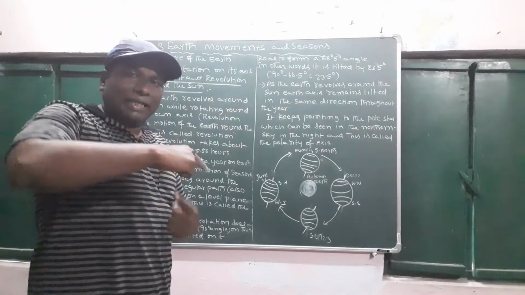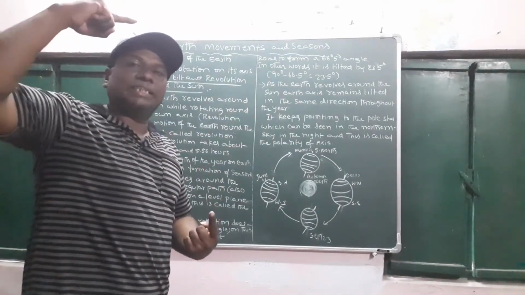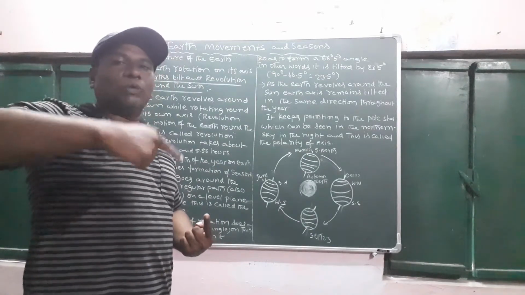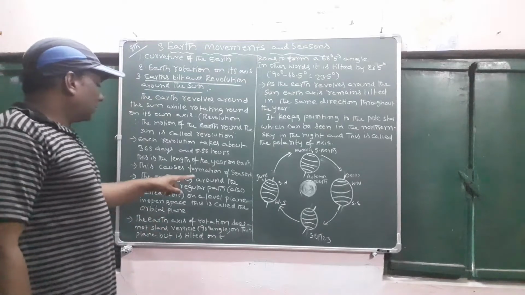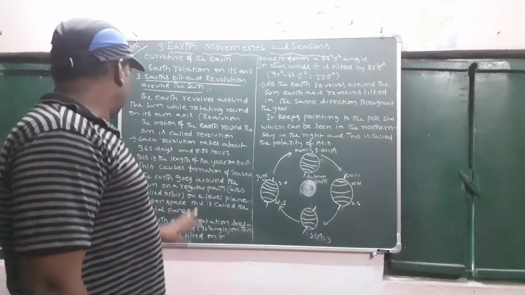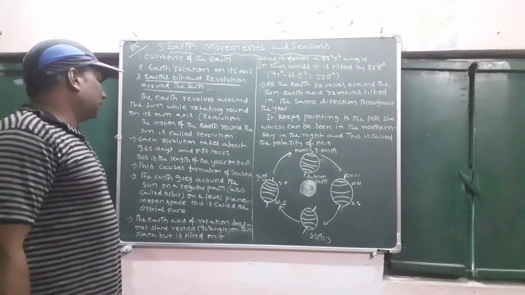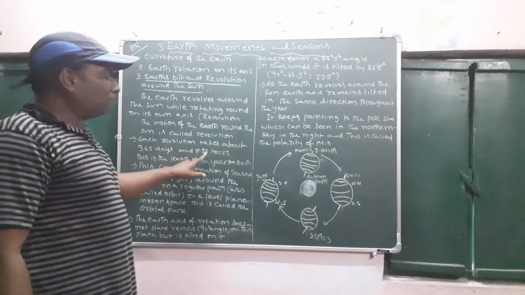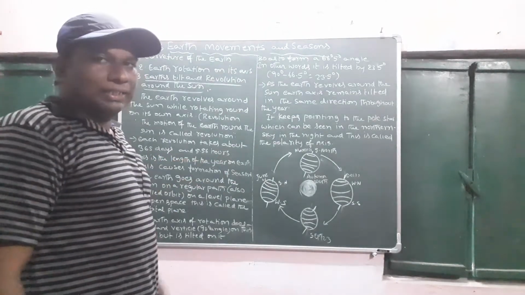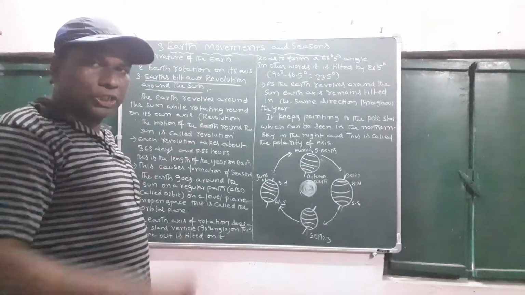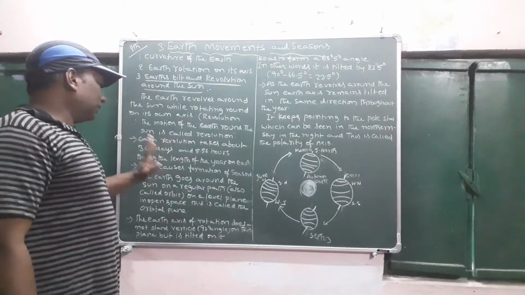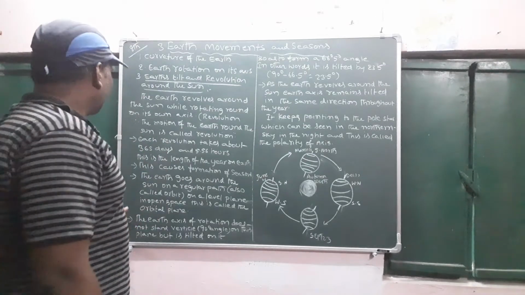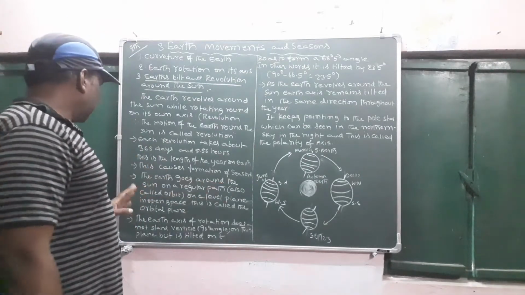Likewise, it is moving around the sun, how much does it take to complete one full revolution? 365 days and 5.56 hours to complete one revolution. Do you understand? Due to the revolution, it causes formation of seasons.